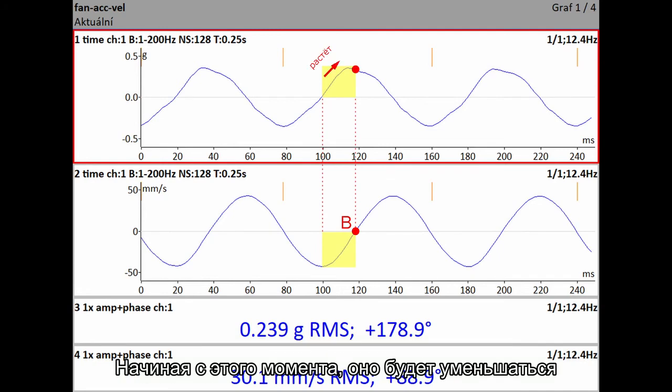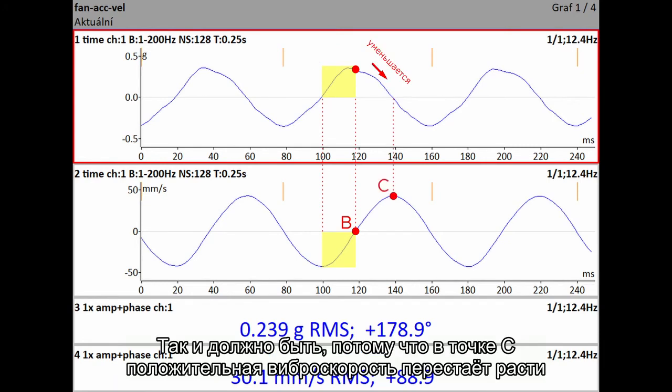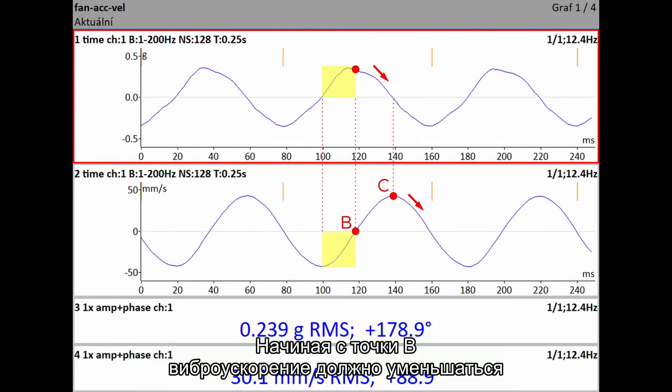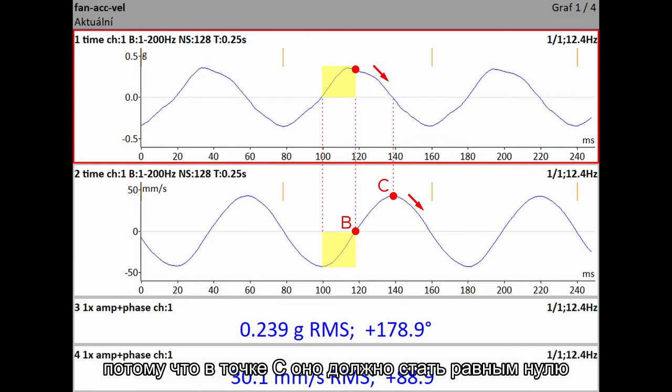From this point, it will decrease. It must, because at point C, the velocity changes from positive increasing to positive decreasing. The acceleration must decrease from point B because it must be 0 at point C.